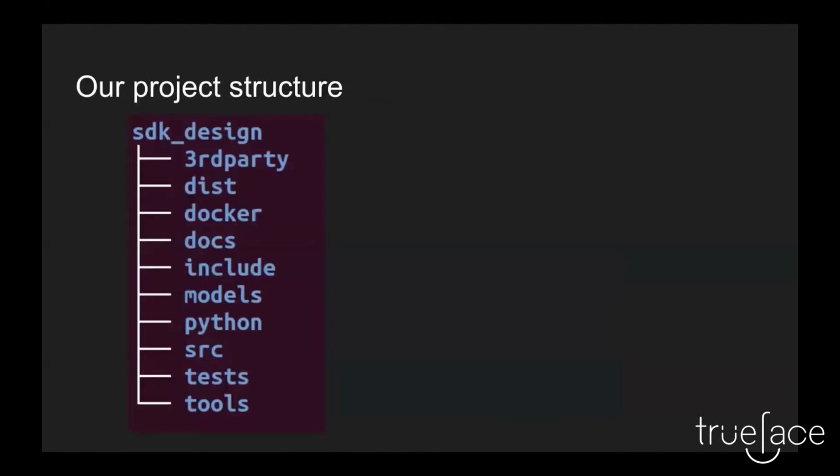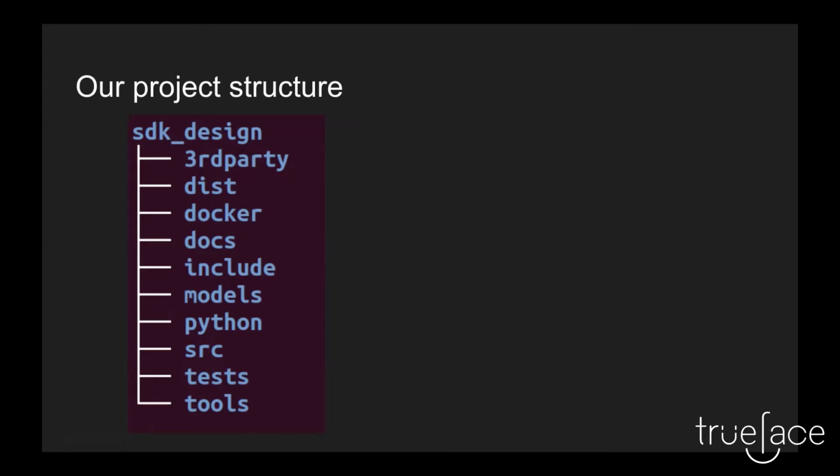So what is the structure of our project going to look like? This is kind of what the hierarchy of our project is going to look like in terms of the directories. I'll just go over what each of these is going to be. The third-party directory is going to contain our third-party dependency libraries, and I'll go over what these are going to be later. The dist directory is going to contain the distributables generated by our SDK.